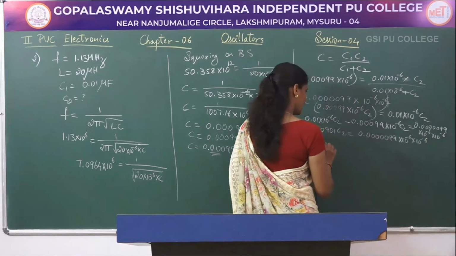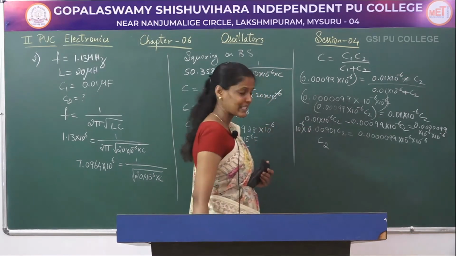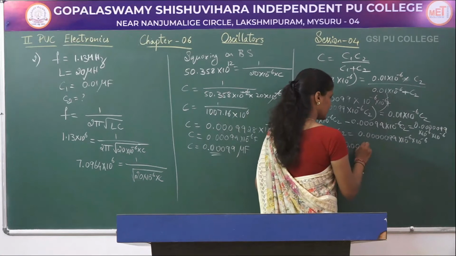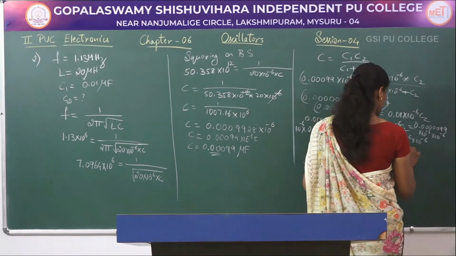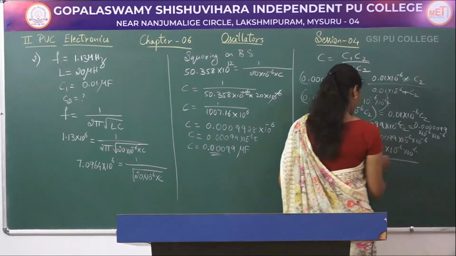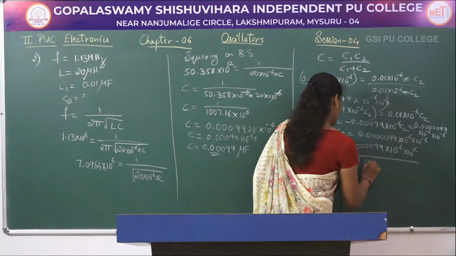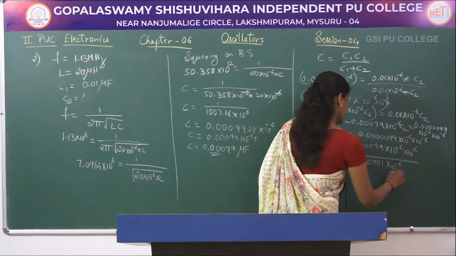So C2, here I will be retaining this 10 power minus 6 as it is. So C2 is equal to 0.5099 into 10 power minus 6 into 10 power minus 6 whole divided by this term 0.00901 into 10 to the power of minus 6.